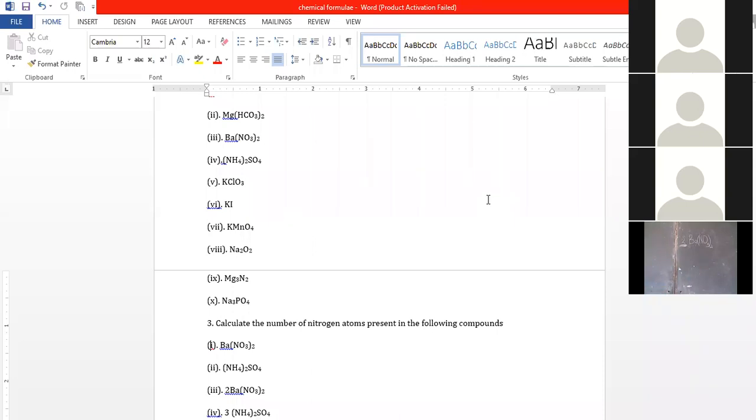So when we have a 2 in front of barium nitrate, our nitrogen atoms, as we identified them in the first compound, are 1 times that 2, but now times that 2 again. So we multiply by 2, which gives us 4.